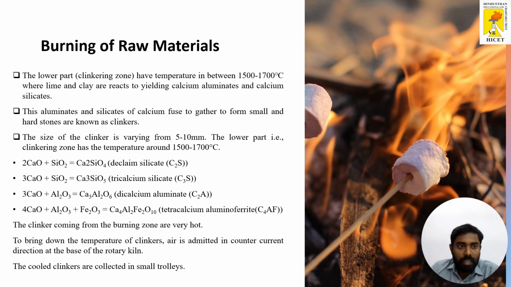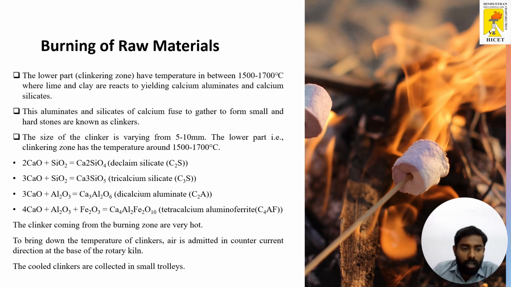In this region, lime and clay react to yield calcium aluminates and calcium silicates, which fuse together to form hard and small stones known as clinkers. The size of these clinkers varies from 5 to 10 mm, and in this process the four Bogue compounds are formed.